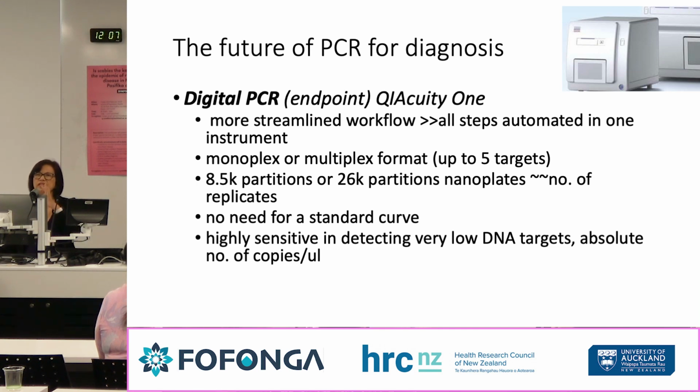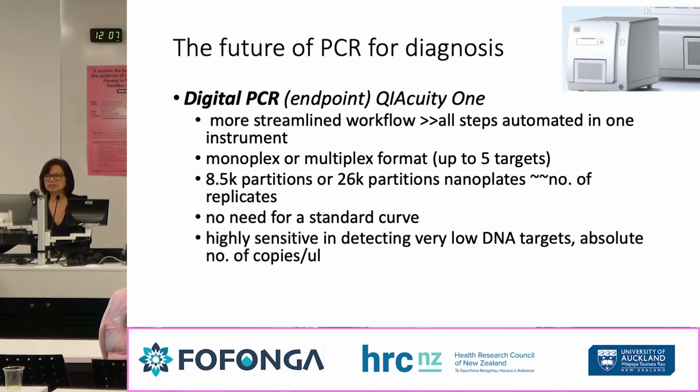You still have to prepare your PCR mixes just how we did it before. So we still implement the protocol, except that we use a different instrument now. It's called Qiacuity One, and this one is capable of multiple targets in one go. So you can query the 3 in one PCR mix.